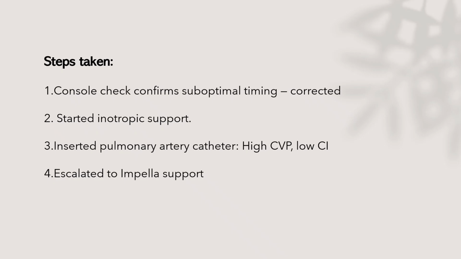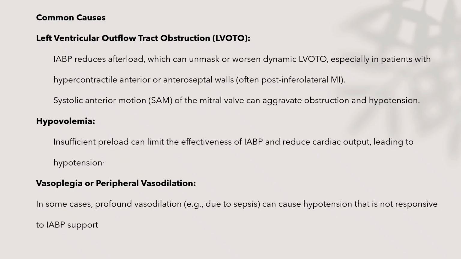If we have the facility, insert a pulmonary artery catheter and see if there is high CVP or low cardiac index, or we can escalate to Impella or ECMO support for cardiac output.